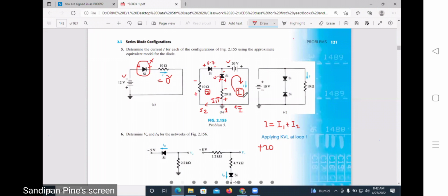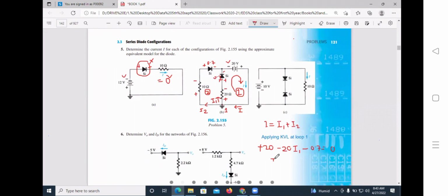Then we come here, plus 2 minus 20. Current through this is I1, plus 2 minus 0.7 equals 0.